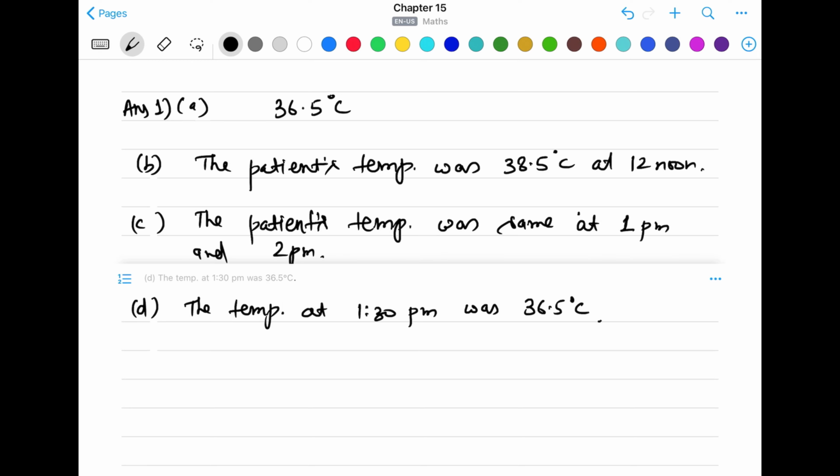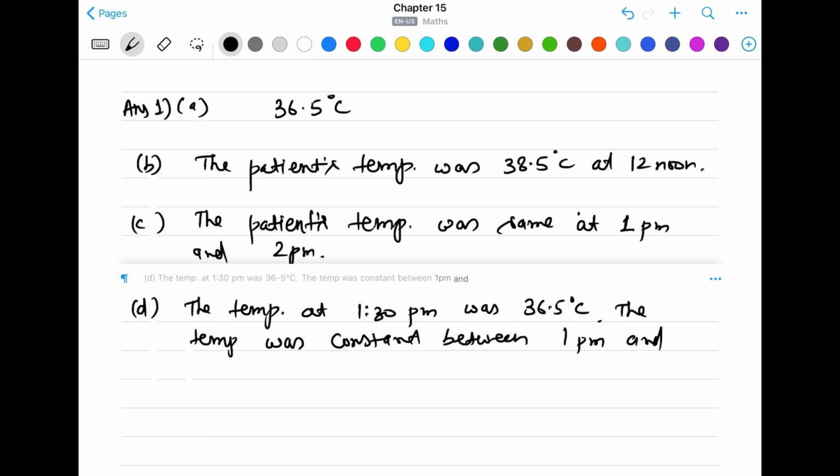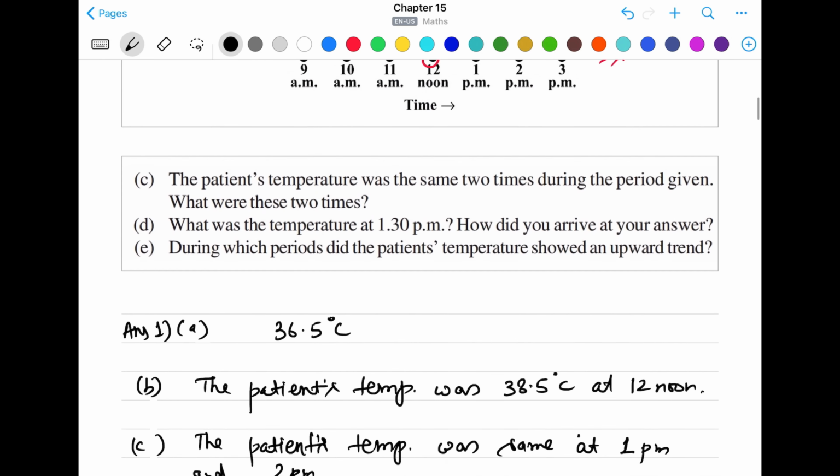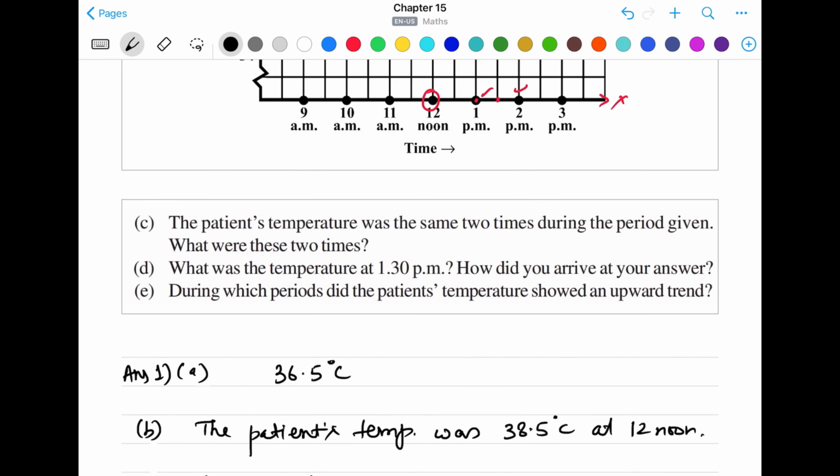And the temperature was constant between 1 p.m. and 2 p.m. Hence it remains same, hence we can consider that it will be 36.5 at 1:30 p.m. also.